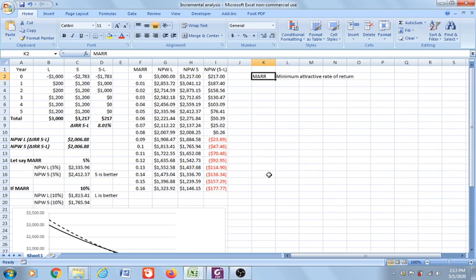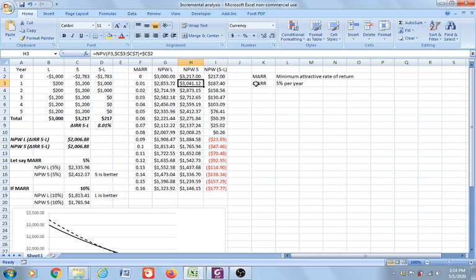Basically, the MARR is the least value of rate of return that we want from an investment. I repeat, MARR is the lowest value of rate of return on an investment that we want to have. So for example, if the MARR is 5% per year, that means at least we want to have 5% per year return from an investment.